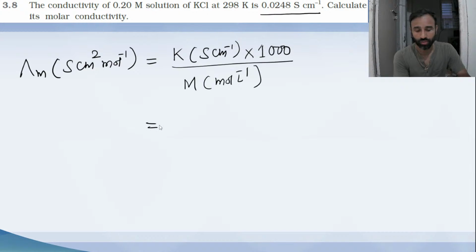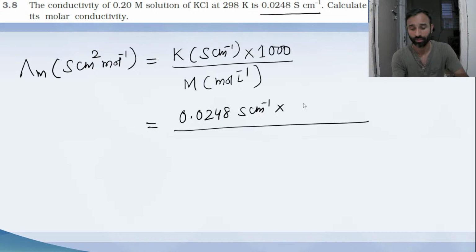Just put the values. It is 0.0248 S per centimeter multiplied by 1000 divided by molarity, which is 0.2.